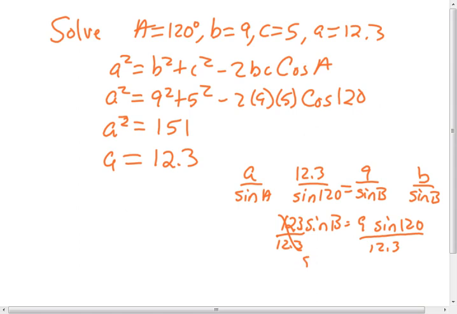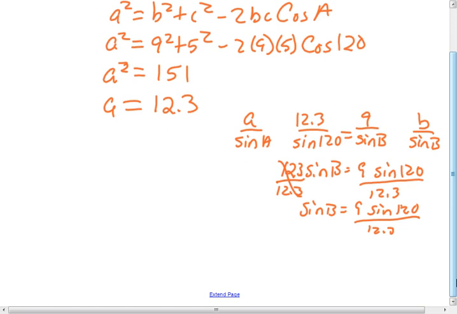That cancels, so sine of B is equal to 9 sine of 120 over 12.3, and now we have to get B by itself, so we have to take the inverse of sine, and that's called arcsine, or sine to the negative 1. So B equals sine to the negative 1 of 9 sine of 120 over 12.3.